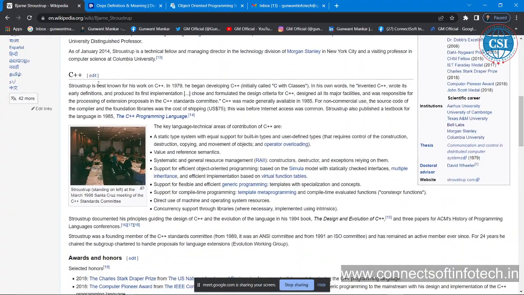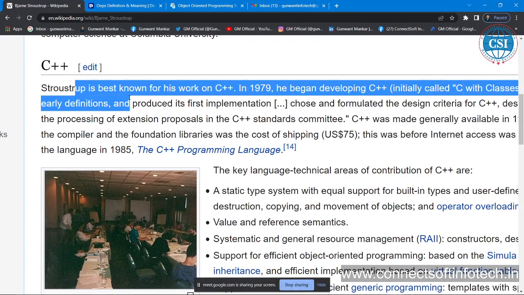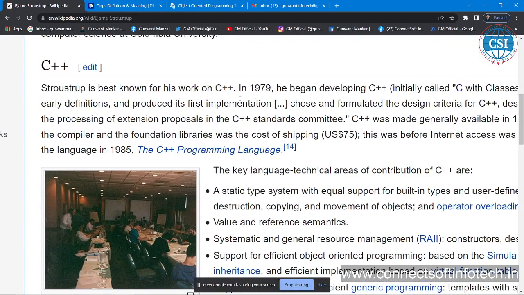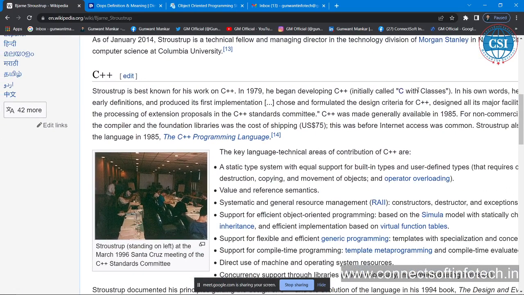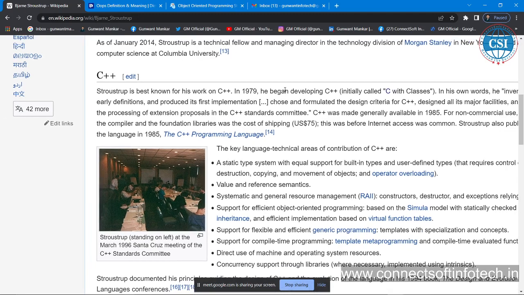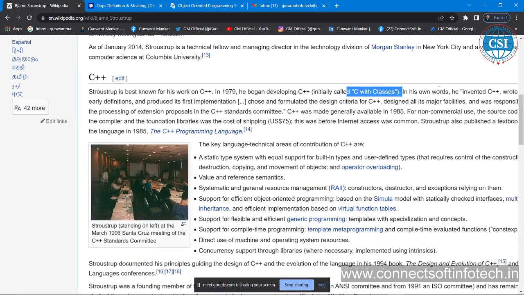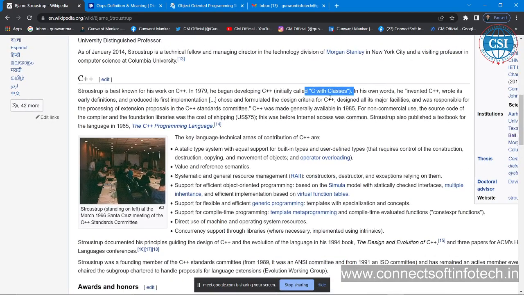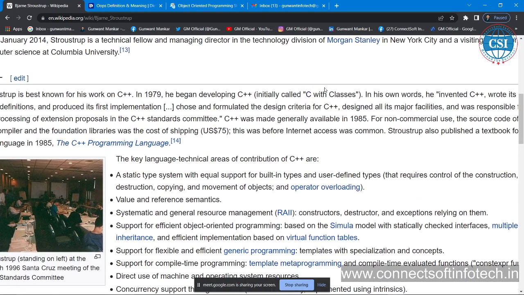See here, history. Stroustrup is best known for C++. At the beginning of the development, C++ was initially called C with Classes, because there is no concept of classes and objects in the C programming language. So he was trying to add the features of classes, where structure is going to be replaced by classes in this way.